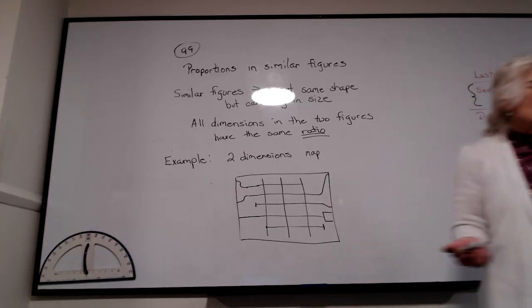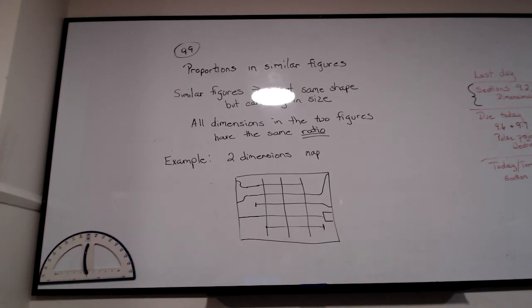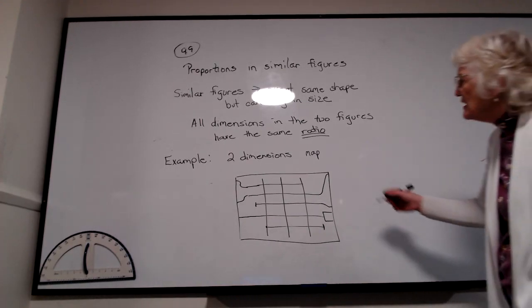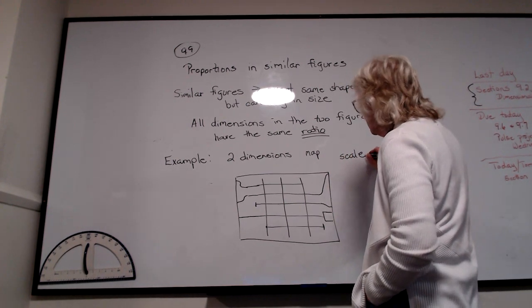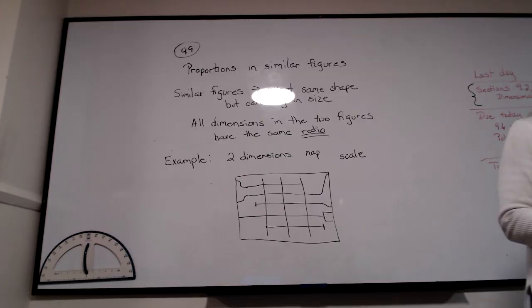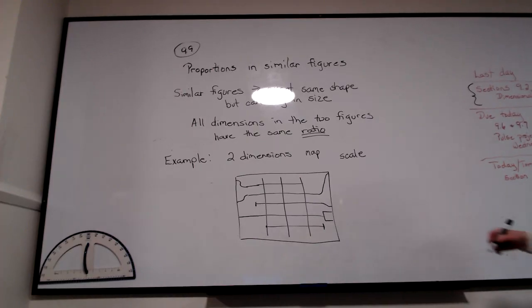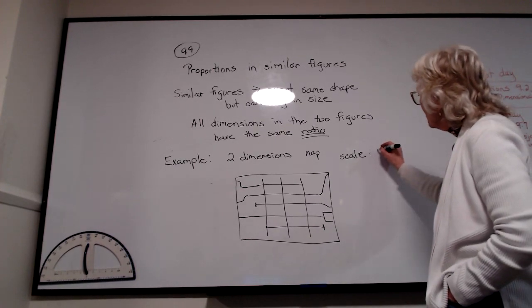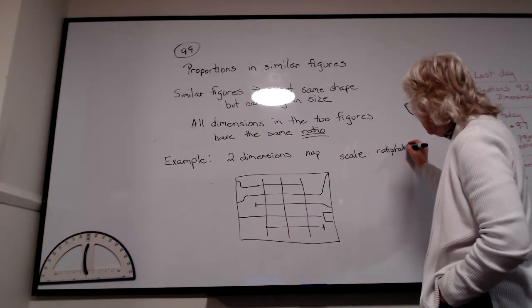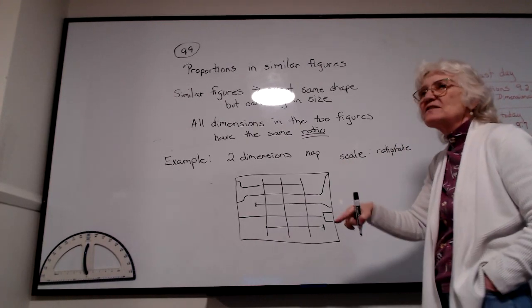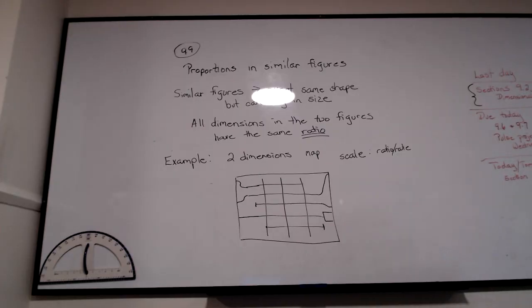It shows you that. If you're looking at maps, they usually have a scale. The scale is actually the ratio or the rate, because it can be either. So it's either going to be the ratio or the rate of the size compared to real life.